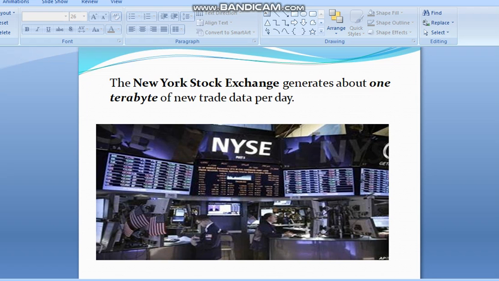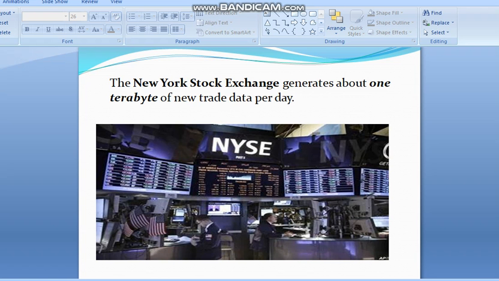Next, about sources: the New York Stock Exchange generates about 1 terabyte of new trade data per day. You can calculate how much data it generates in a week, and in a month, a huge amount.